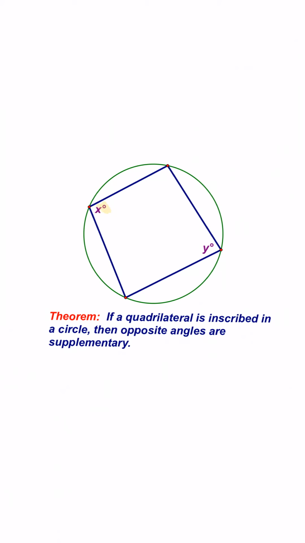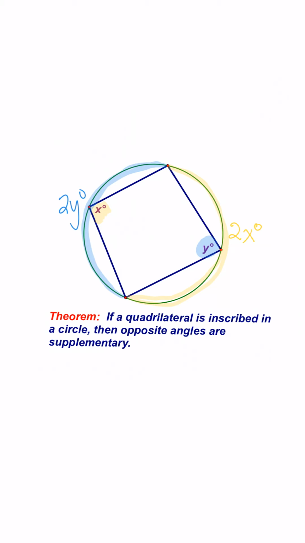Before we continue, let us recall this very important and useful theorem. This angle, x degrees, intercepts this particular arc. And by the inscribed angle theorem, it measures 2x degrees. Okay? And this particular angle, which is y degrees rather, intercepts this particular arc, and the measurement of this blue arc is equal to 2y degrees.